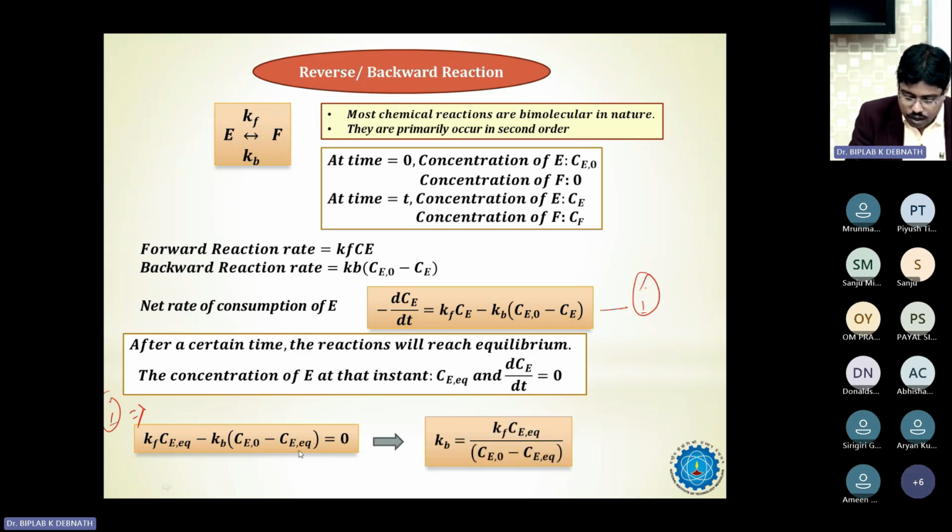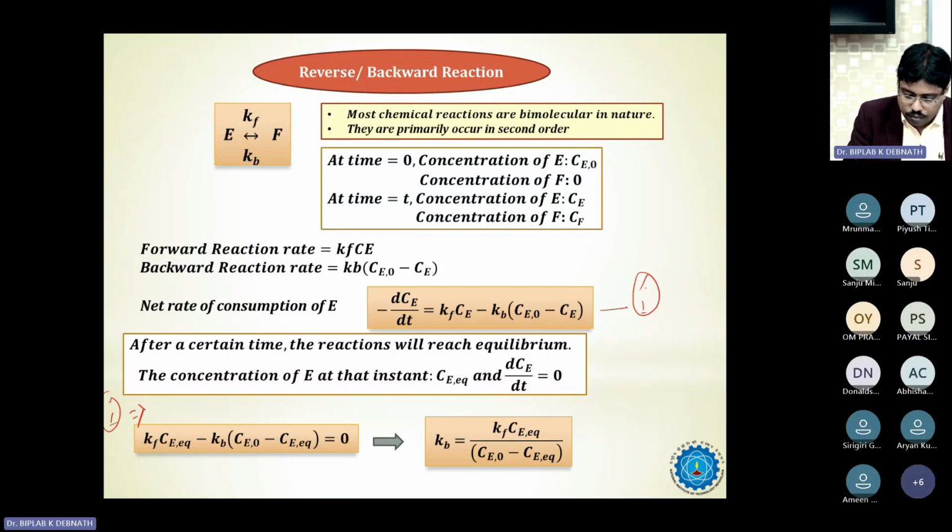From here we get the relation between backward and forward reaction rate. So the backward reaction rate Kb should be equal to Kf into C equilibrium divided by C naught minus C equilibrium. From this equation we will find out separately the forward reaction rate and the backward reaction rate equations.